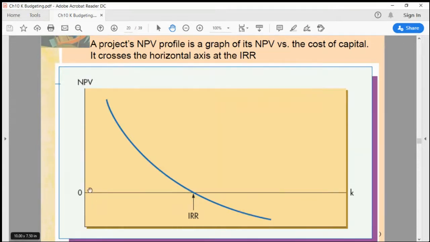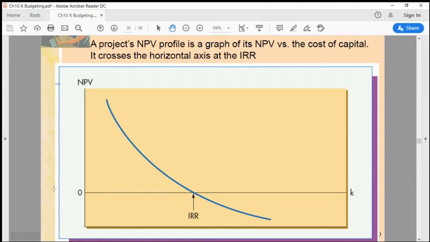If you extend this horizontal line to the left, that would mean negative returns, or negative cost of capital.